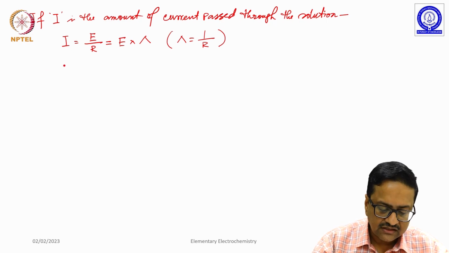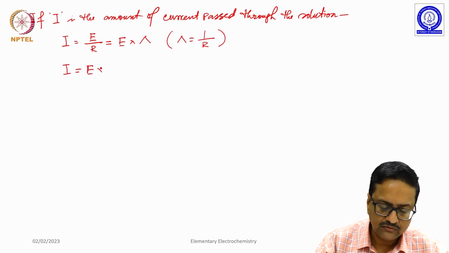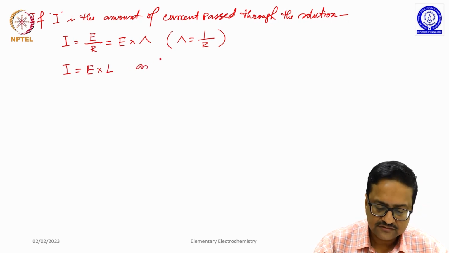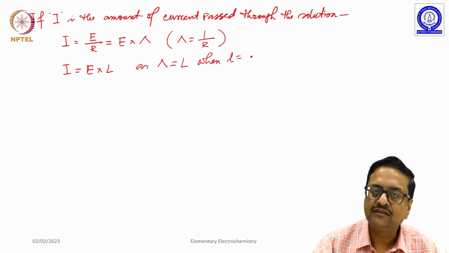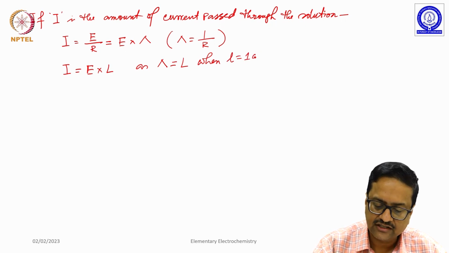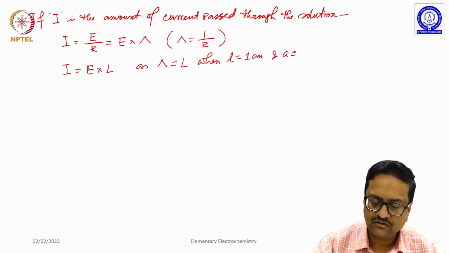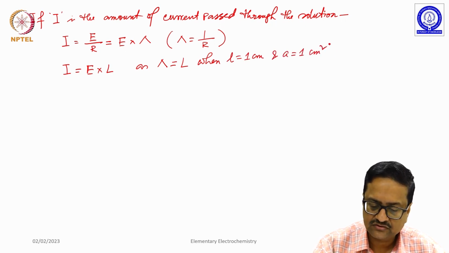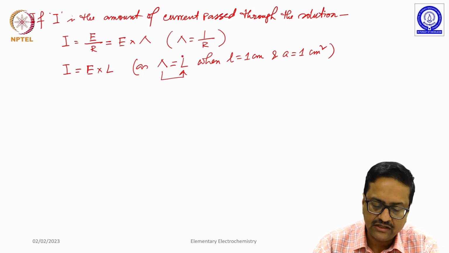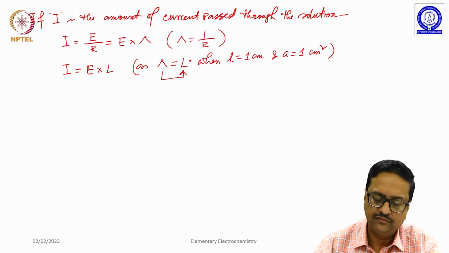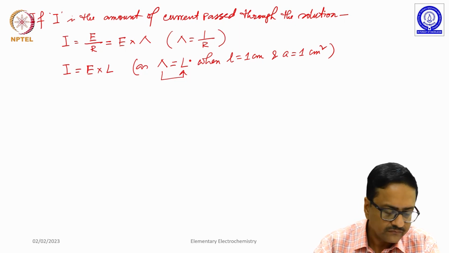So, now one can further simplify I equal to E into L, as capital lambda becomes equal to L when small l, that is the path length, is equal to 1 centimeter and the area of the cross section is 1 centimeter square. This equality is a numerical equality, that is, these values are the same, but the units are different, if you remember.